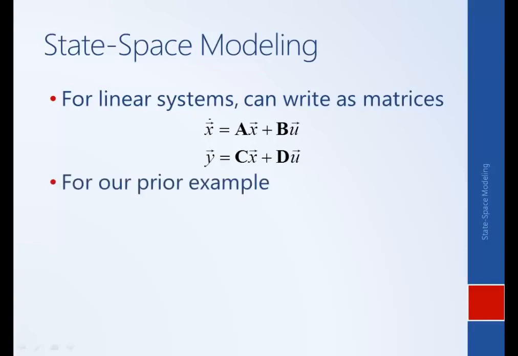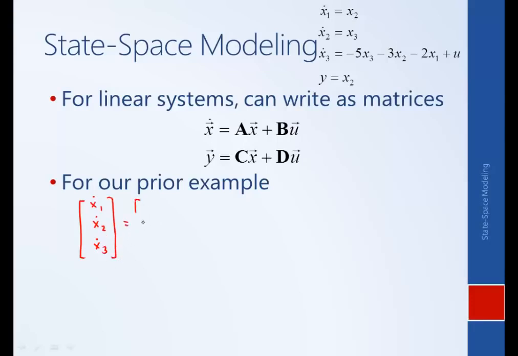So if we consider our previous example, here are the state equations, here is the output equation. We can rewrite this in matrix form because these are linear equations. Specifically, we'll have a vector of derivatives of our state variables, x1 dot, x2 dot, and x3 dot.